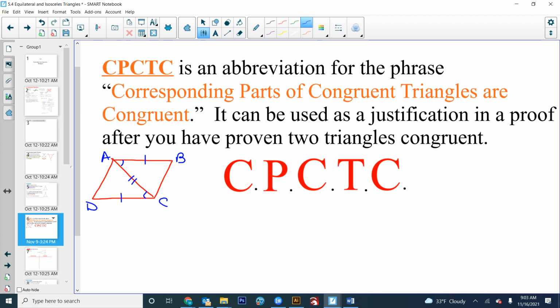How much explanation do you need? Does that make sense, or do you need to explain it? Corresponding parts of what kind of triangles? Congruent triangles. So we're only talking about congruent triangles here. Corresponding parts of congruent triangles are congruent.